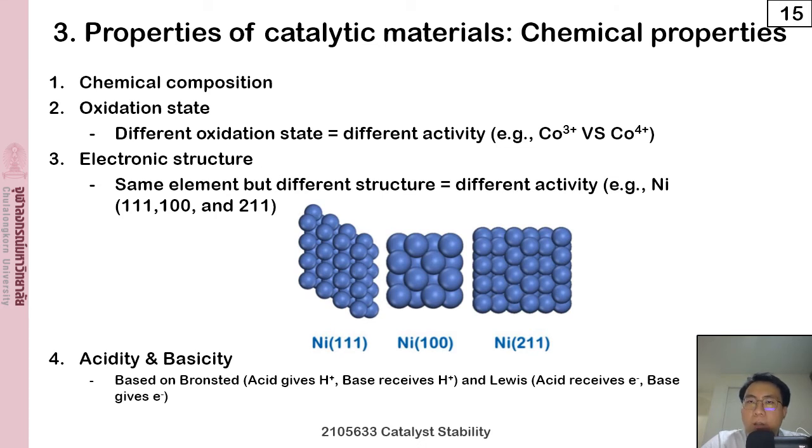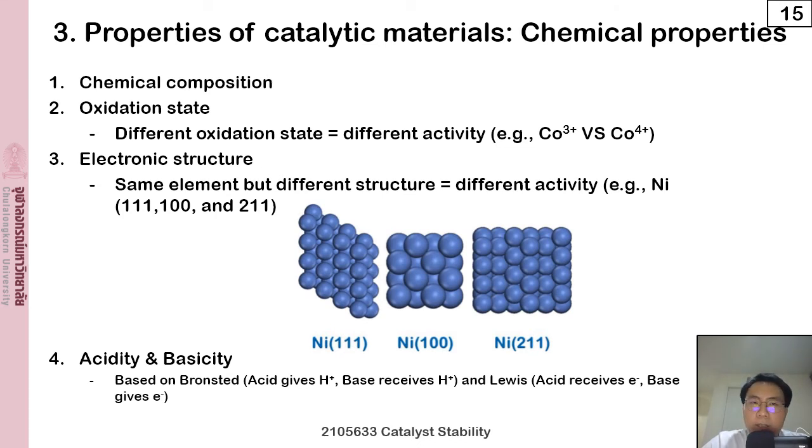Although we have the same cobalt catalyst, the different oxidation state will give a different activity, since a different number of electrons will contribute to different chemical properties, and it turns out that different chemical properties will change the catalytic properties.